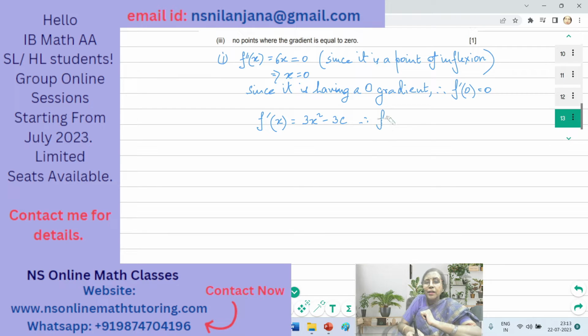Therefore, f dash 0 is equal to 3 times 0 squared minus 3c. And f dash 0 is equal to 0. So this is 0. That means negative 3c is equal to 0 or c is equal to 0. Okay.